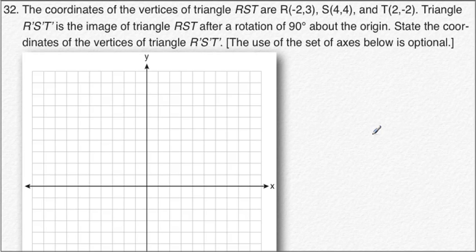Alright, number 32. We have 3 points given, and we want to get the rotation of 90 degrees about the origin.